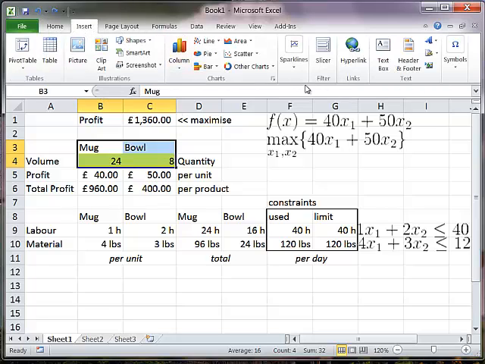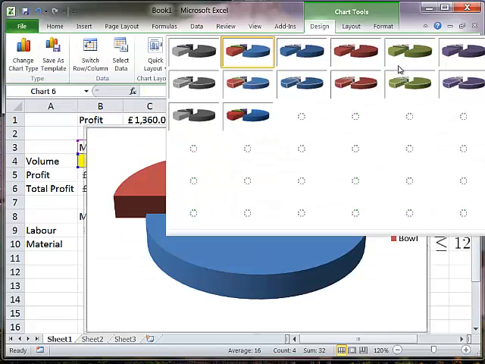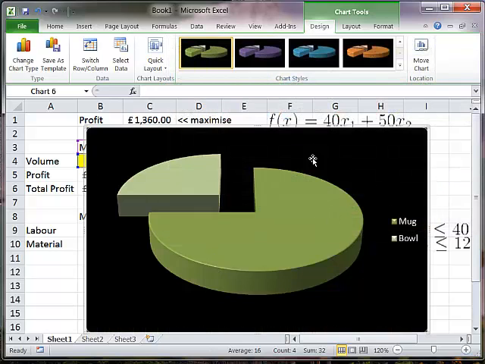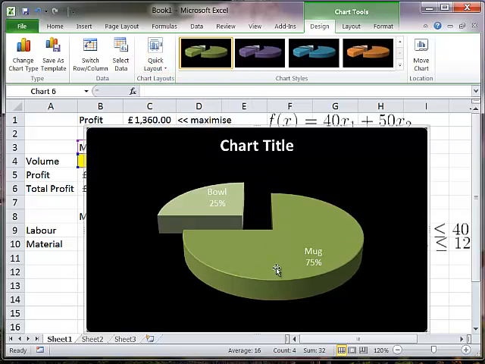Insert pie chart. Nice 3D chart with beautiful design. And of course we probably would like to have some percentage and other stuff in there. Is a bowl 25%, 75.